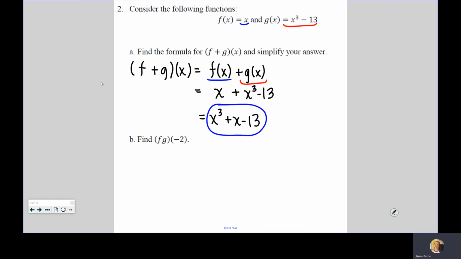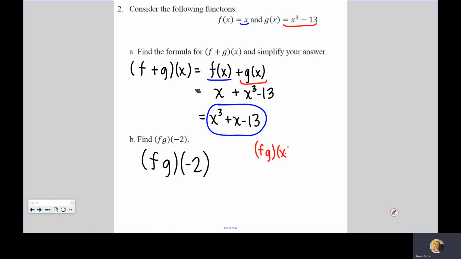All right, so let's look at the second piece. Find f times g of negative 2. So the rule for f times g, I'll just write it over here.